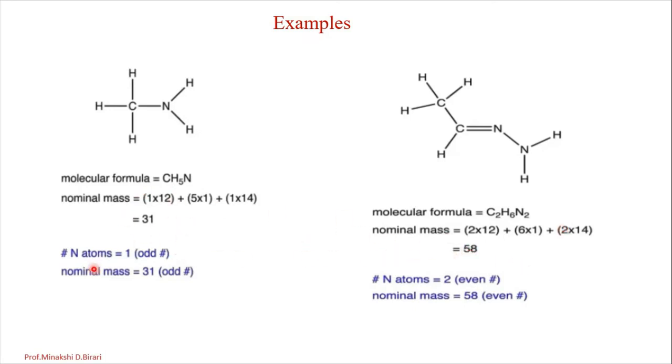In the first example, with an odd number of nitrogen atoms, the molecular ion peak or nominal mass observed is also an odd number. In this example, the number of nitrogen atoms is 2, an even number, so it has an even molecular ion peak observed at m by z value 58, that is an even number.